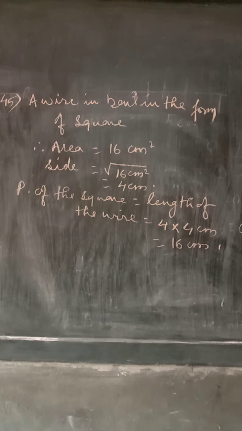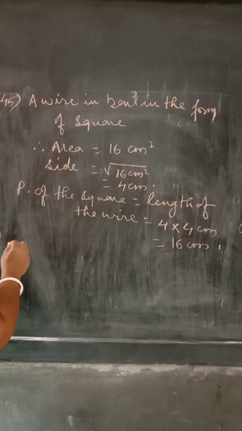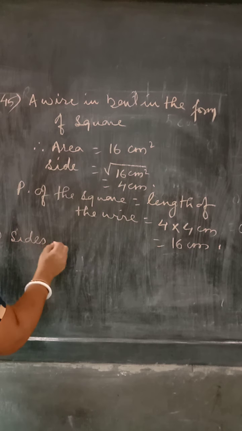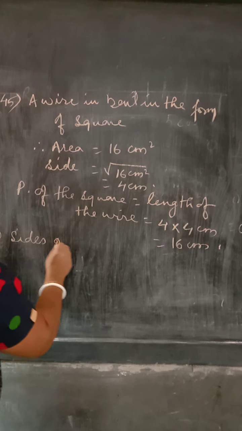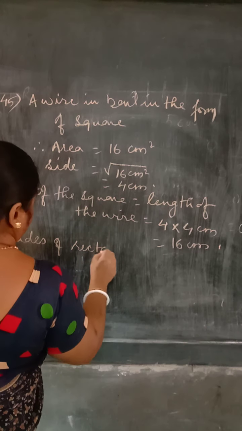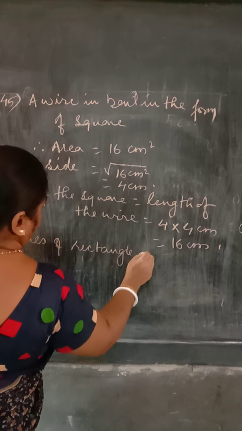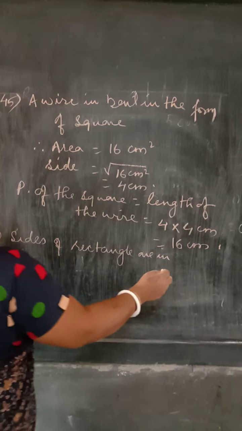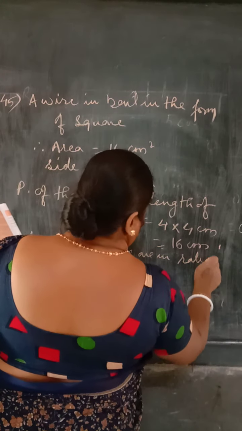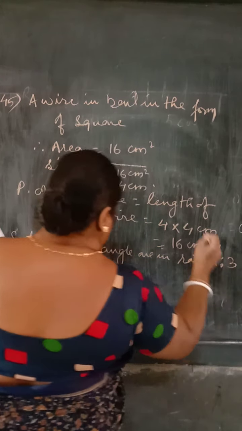The first it is asked, it is bent in the form of a rectangle. A rectangle whose sides are in ratio 1:3.